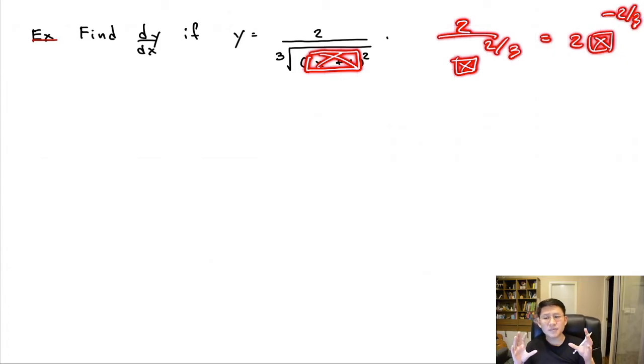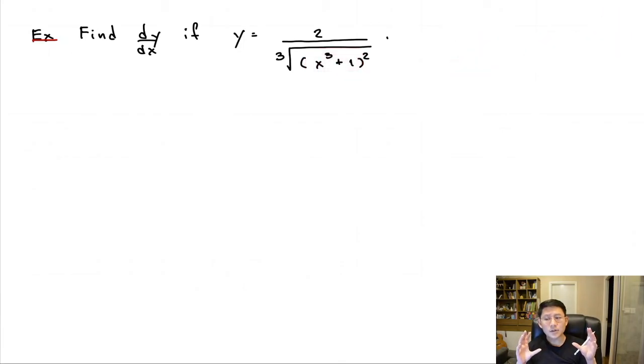So the idea of chain rule is that you need to look at what you can differentiate easily, and then you group that guy as u, and then you differentiate. Okay, you apply the chain rule. So here I'll let u be x cubed plus 1.